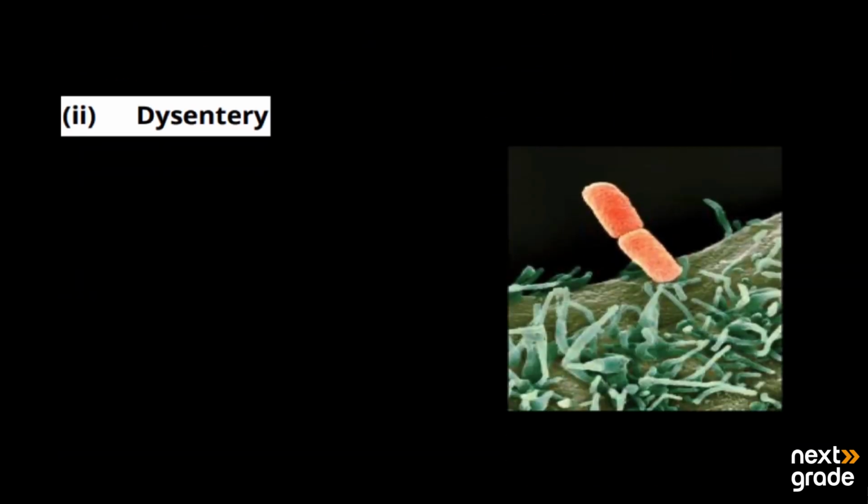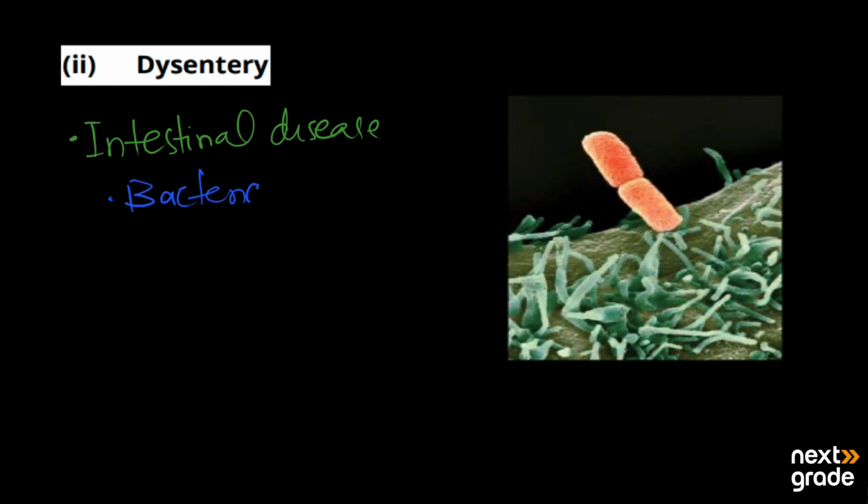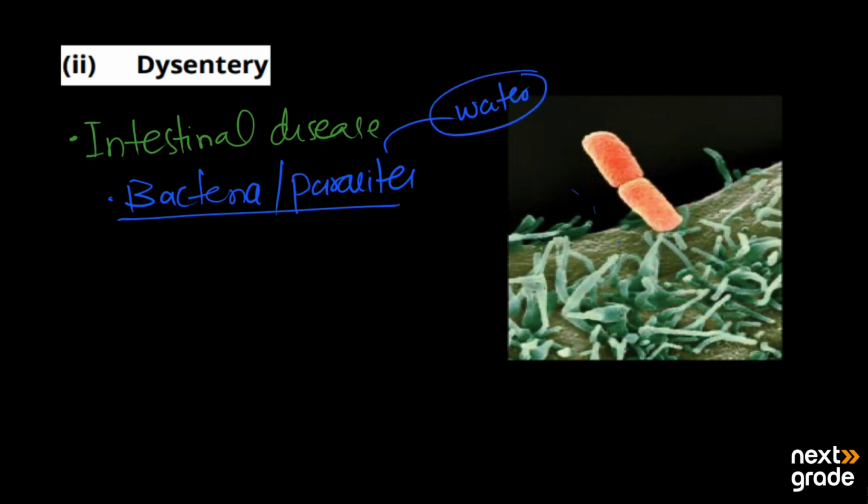And the second disease is known as dysentery. Basically, dysentery is also an intestinal disease. And what happens in dysentery? Basically, it is caused by bacteria or by parasites when they are present in the polluted water. They may get into the intestine and cause different diseases, like this bacteria causing dysentery.